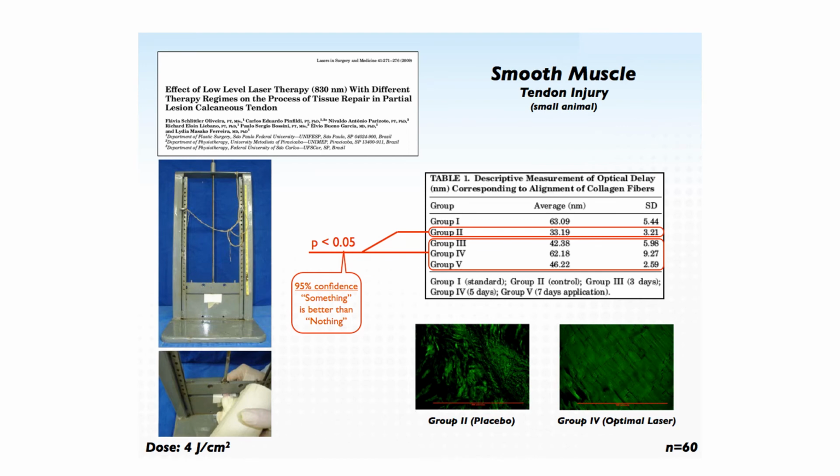Here's an interesting study that looks at the effects of laser therapy on calcaneal tendon healing. And this study shows that with 95% confidence, some laser is better than nothing at all, showing that even just a small amount of laser applied in this case had a beneficial effect on healing of these damaged collagen fibers.